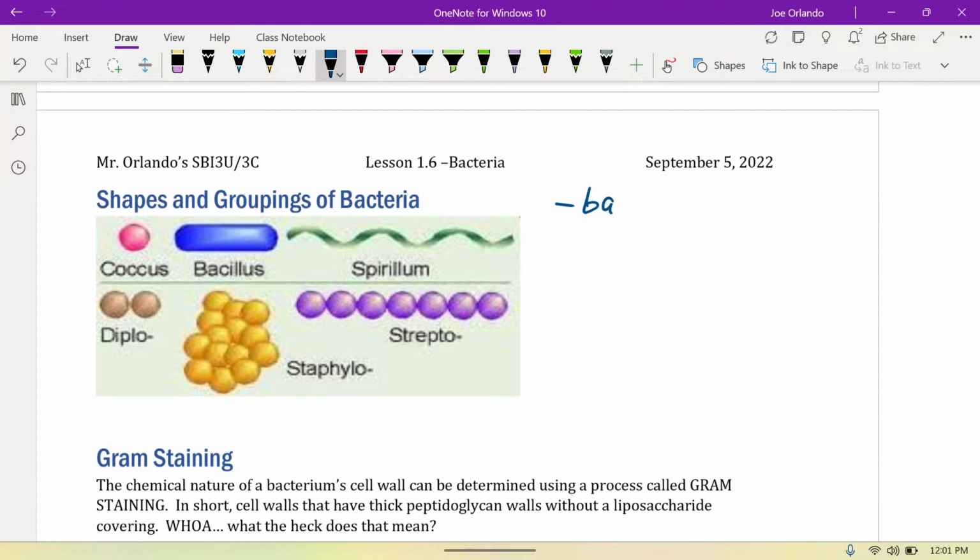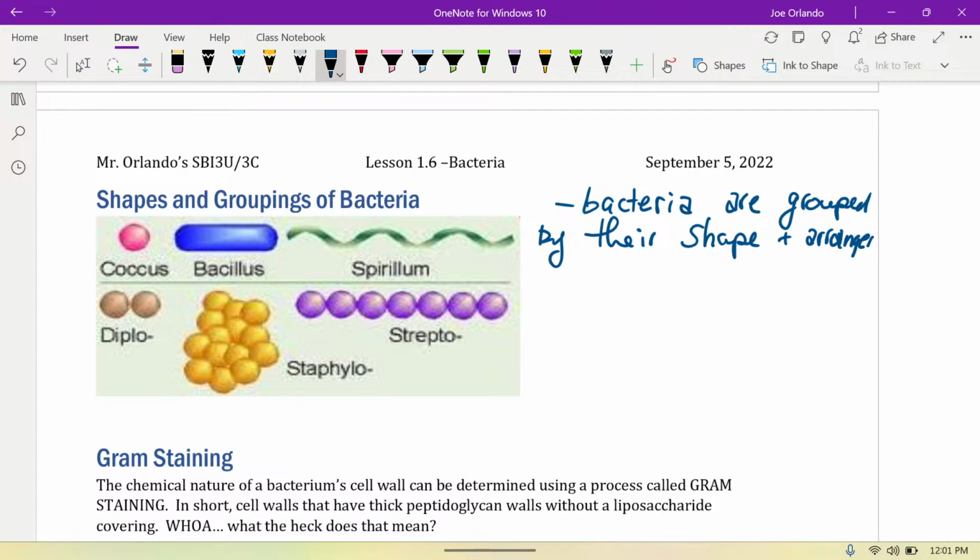So bacteria, I should say rather, are grouped by their shape and arrangement. And you've probably heard this before. Have you ever had strep throat?